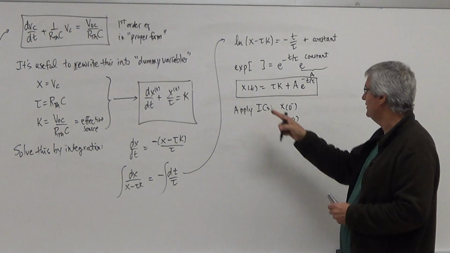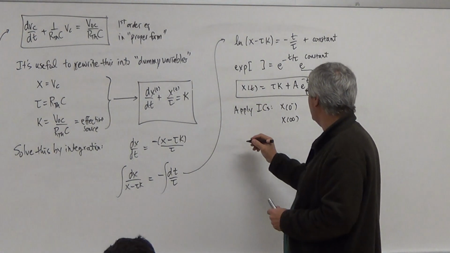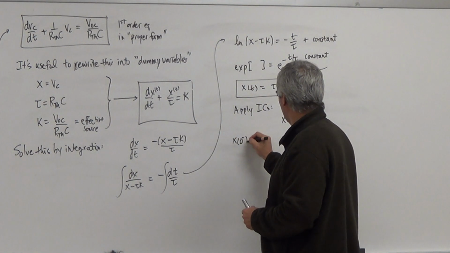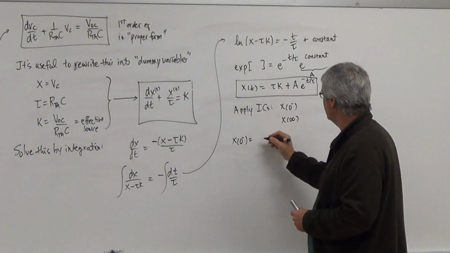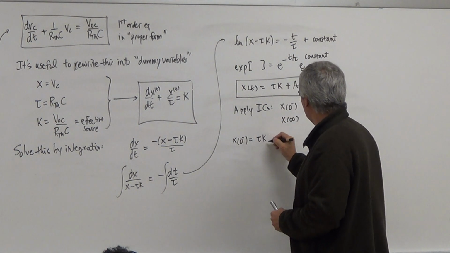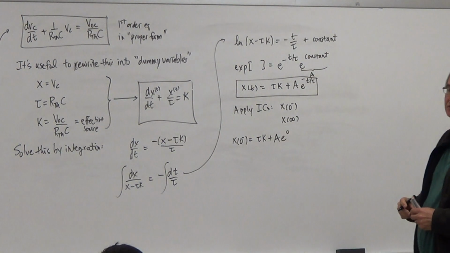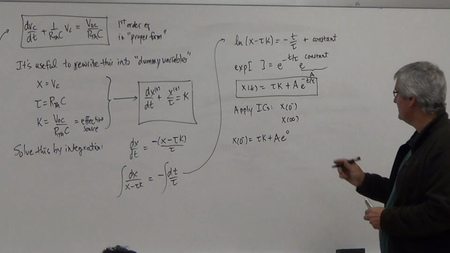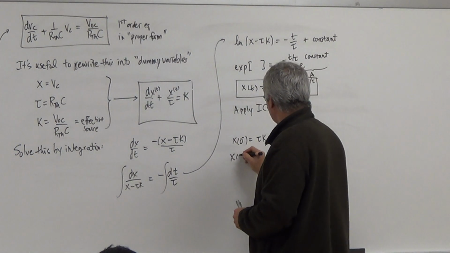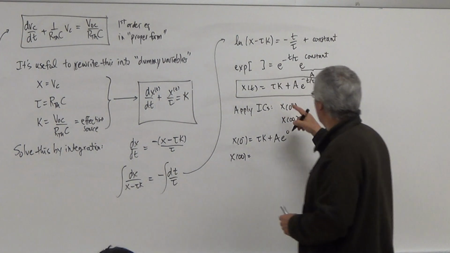So the first one here is that I could write x of 0 minus, which gives me tau k plus a times e to the 0, which is just 1. And the other thing that I find here is that x at infinity has to be what?